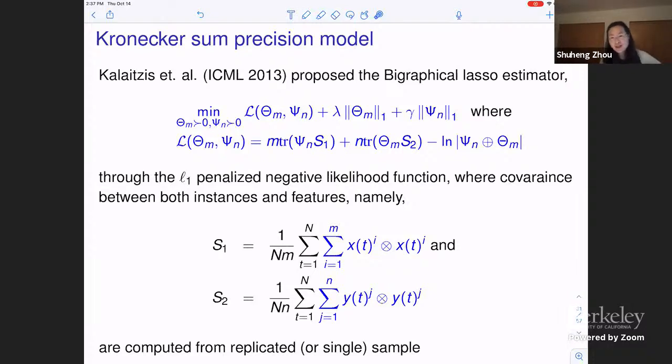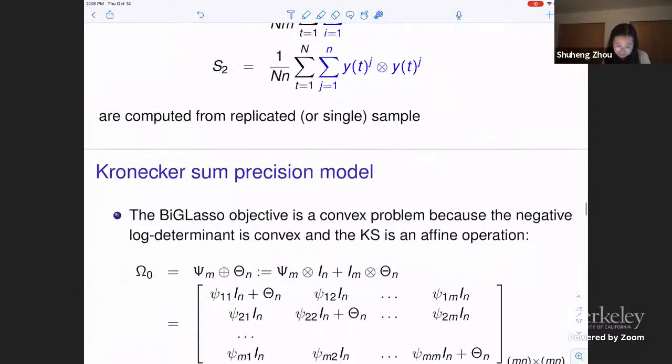It also uses this projection idea: I compute the sample covariance matrices for the rows and for the columns, and I use those as sufficient statistics in my likelihood function. So once S1 and S2 are computed, I do not need the sample anymore in this estimator. Instead, I solve this likelihood function subject to the constraint that these are both positive definite components. So the penalty is put on the individual precision matrices corresponding to the rows and to the columns.